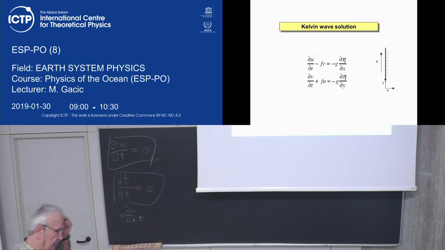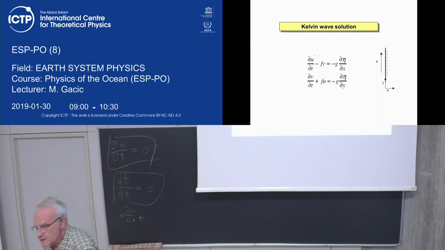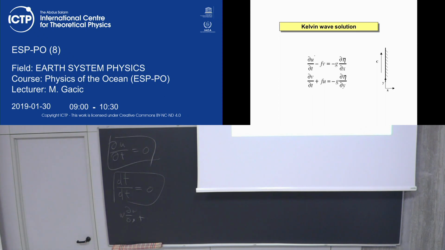Whether these two solutions describe well what is happening in the real ocean is another thing. What we have noticed by doing the measurements, and how do we do the measurements? We do the measurements by doing the long-term average, because the long-term average guarantees us d/dt equals 0.